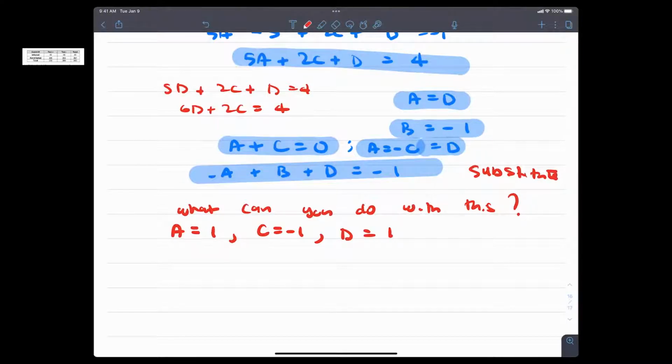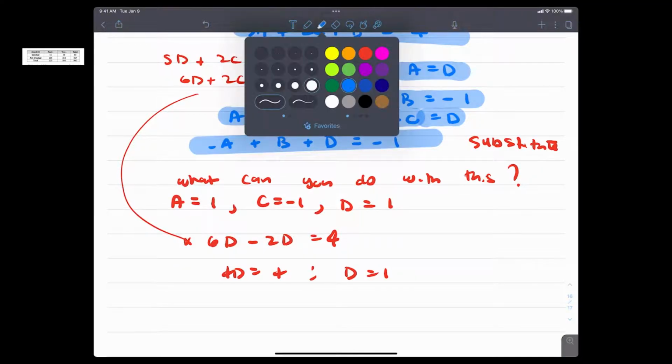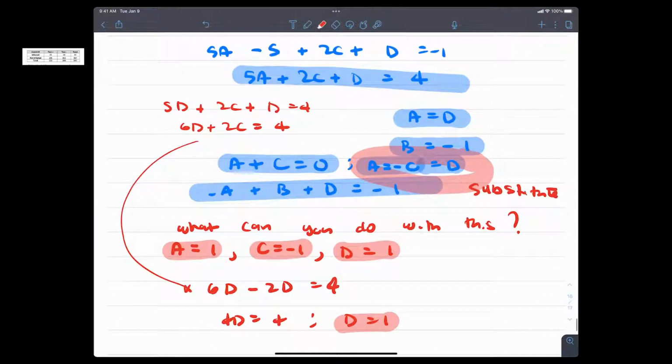Isn't that c is going to be negative d, is that right? 6d minus 2d is 4. So that means 4d is 4, or d is, in fact, 1. So if d is 1, you could use all this information now back here. D is 1, A is 1, C will be negative 1.